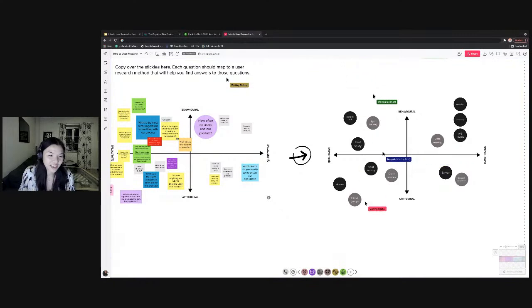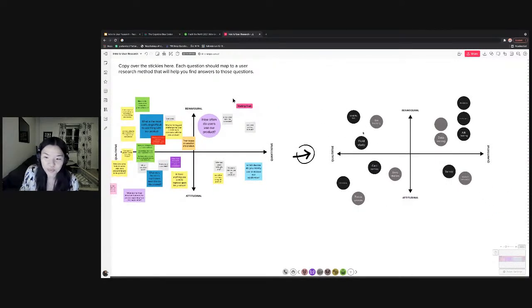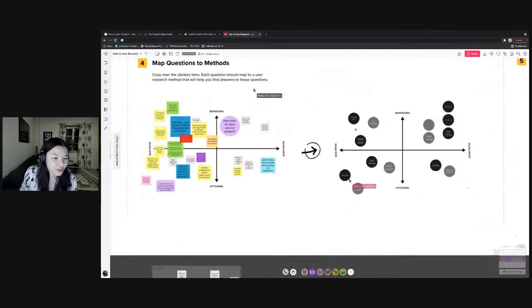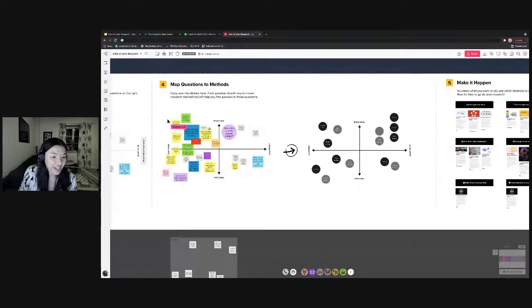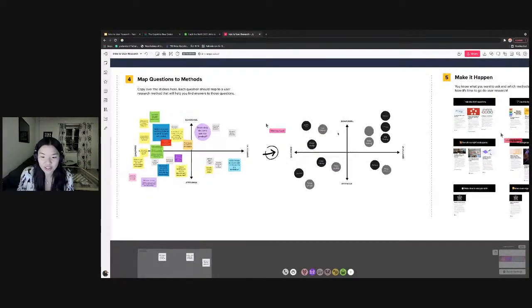You're getting something that's more about digging deeper into the insights of a user. So it might make more sense to talk to the user and do a test and see where they are struggling with those types of things. And of course, all these tools here are just some of the methods.